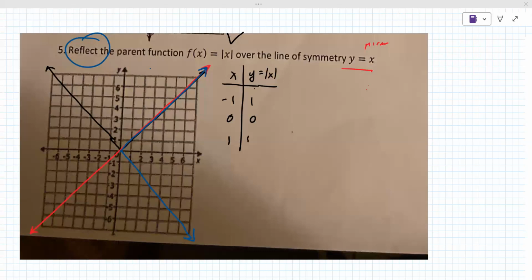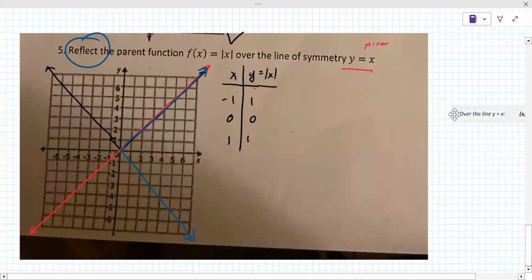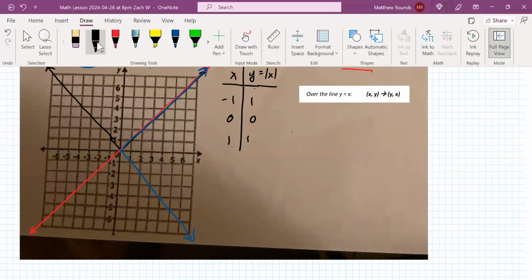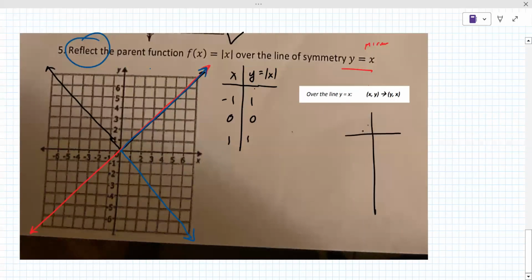Sorry, I got all excited about doing a visual. Yeah, no, don't worry. You're wanting to use this, is what I'm hearing. And I think so, right. So what that does here is it means that you switch the x and the y. So it's 1, -1, 0, 0, 1, 1. And those are the points that we're graphing down here.